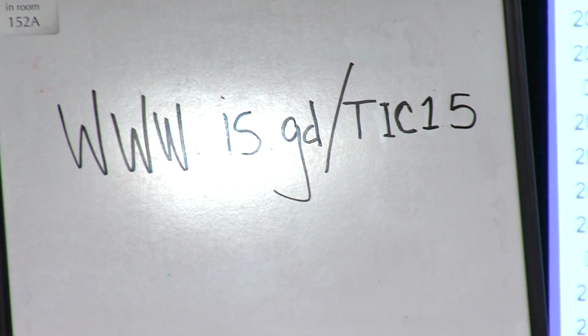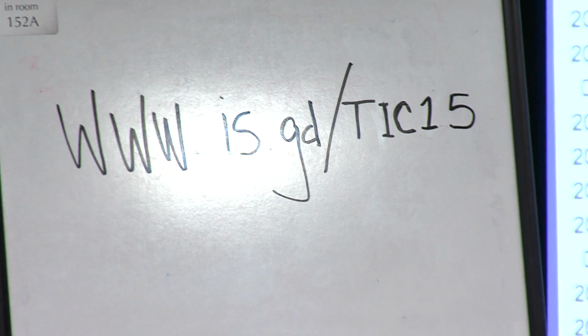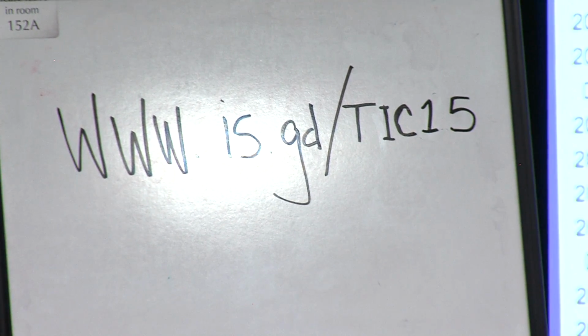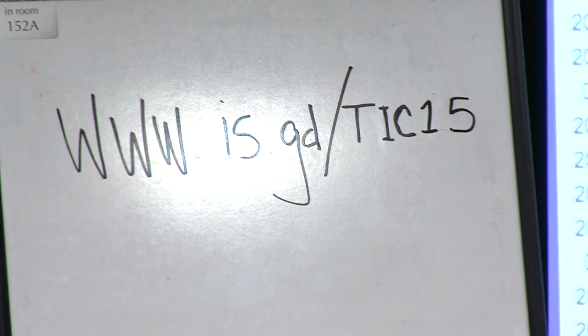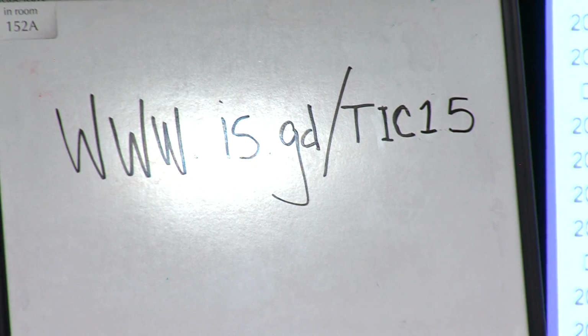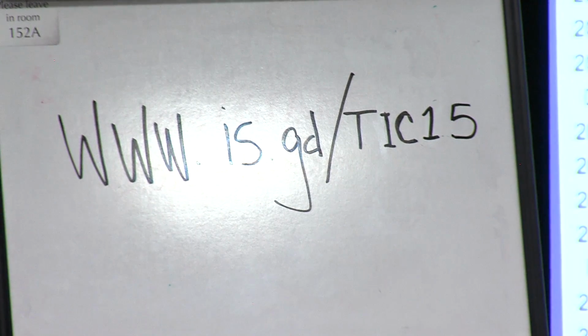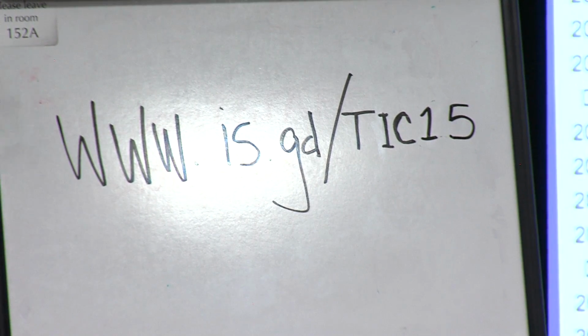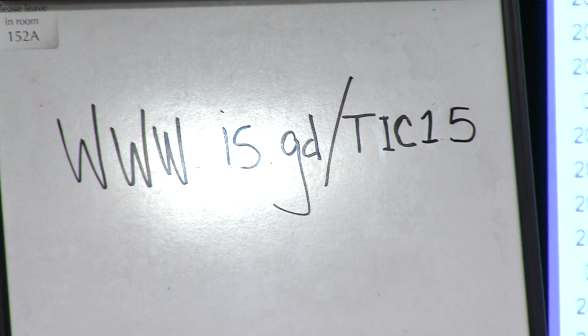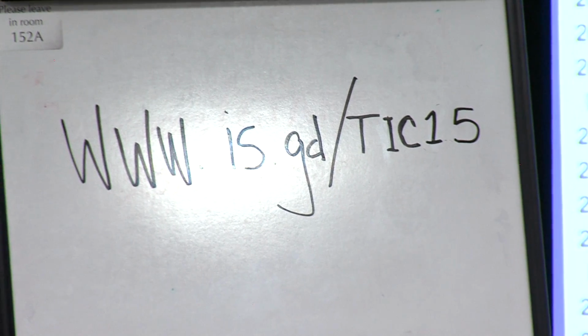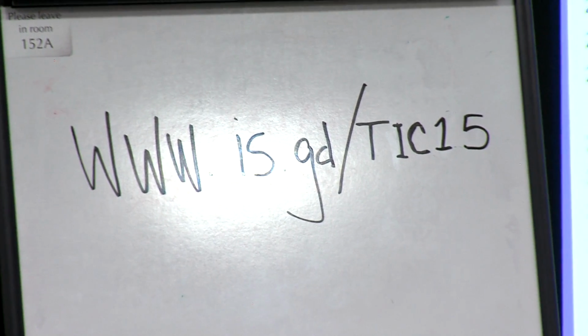I like to use is.gd because then you can customize it. There are others that you can as well; I guess it's just a preference thing. But if you don't have one, is.gd is a really good one that shortens your links. And then slash, capital TIC 15. That will take you to this site.